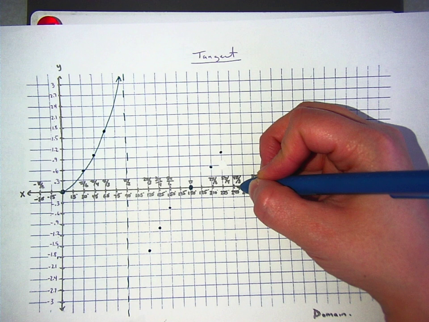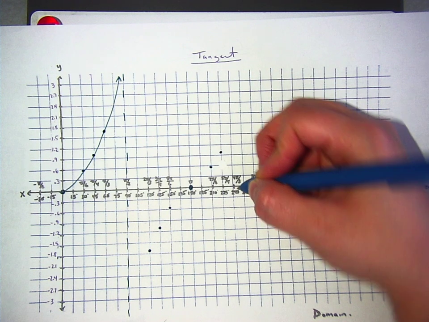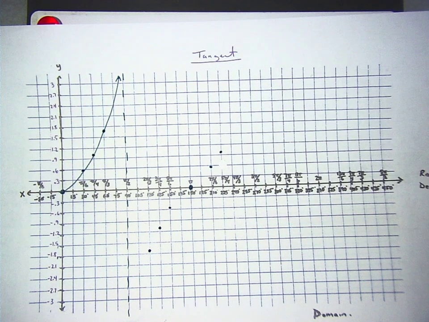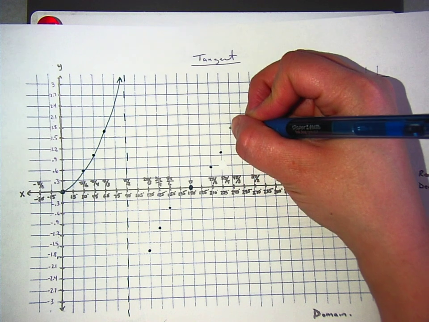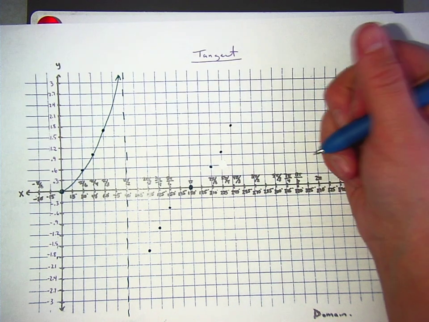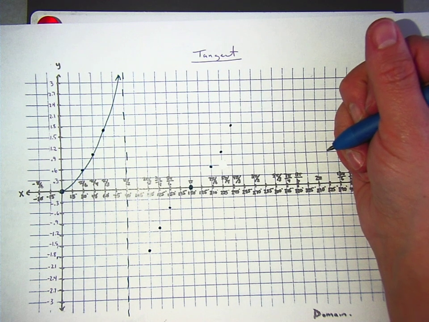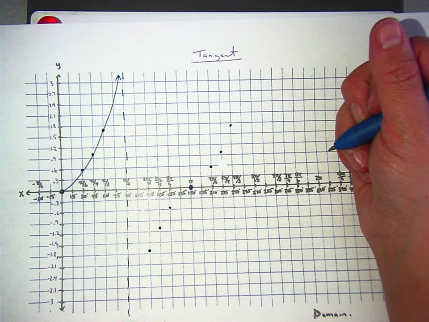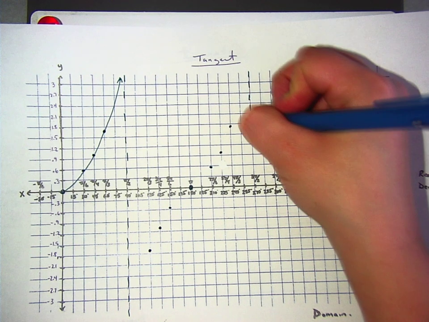Four pi over 3. 1.7, is that what it was? And then how about 3 pi over 2? Nothing. What is that called again? Vertical asymptote. An asymptote. A vertical asymptote. You're right.